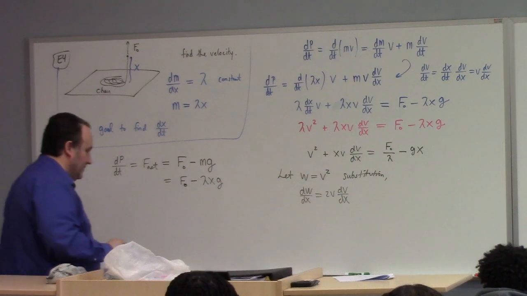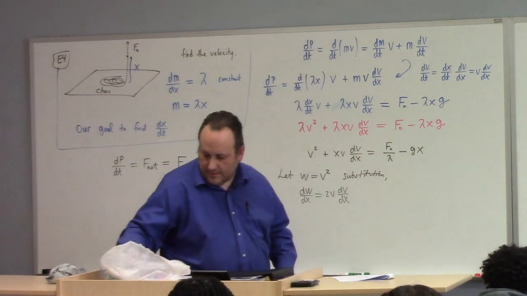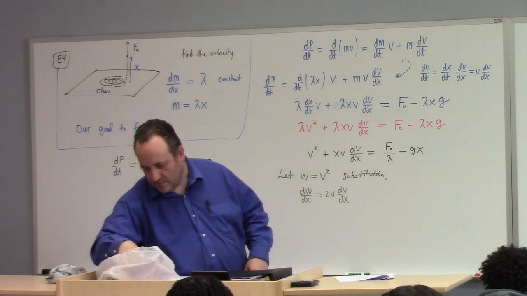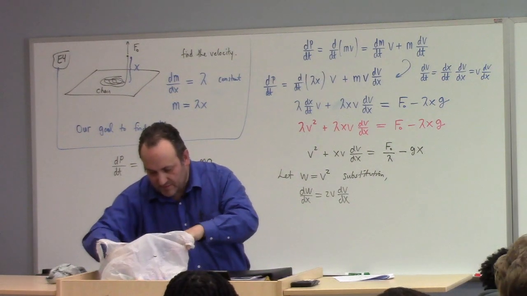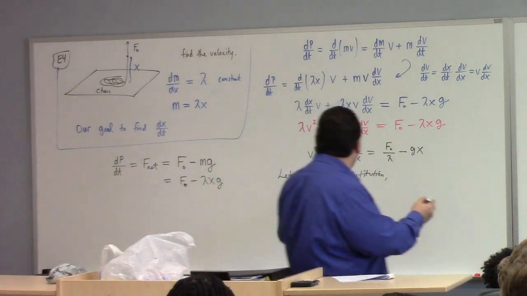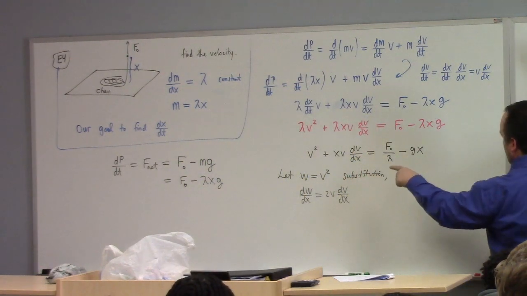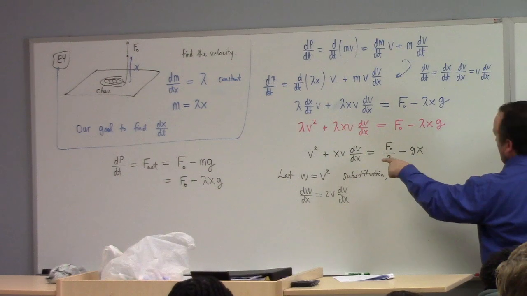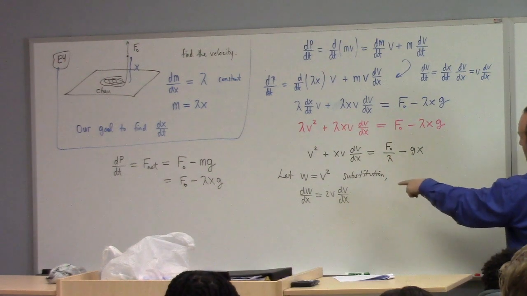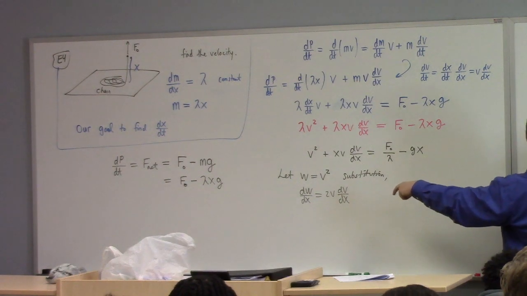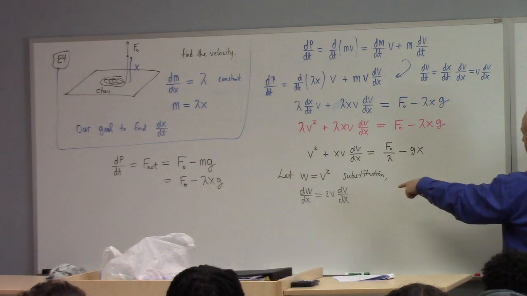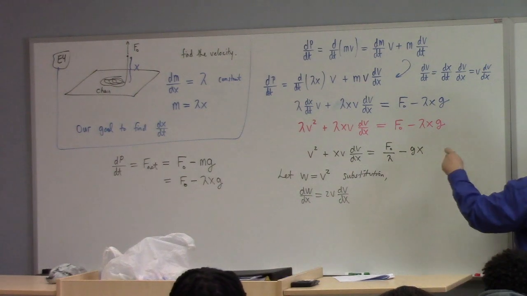So in view of that substitution, marker's trash. Let's see here. If I can find a better marker. Oh man, I think I'm out of good black markers at this point. Oh well. All right, so we get v squared, which is w, plus, now notice that we got the x there, right? So 1/2 dw/dx.